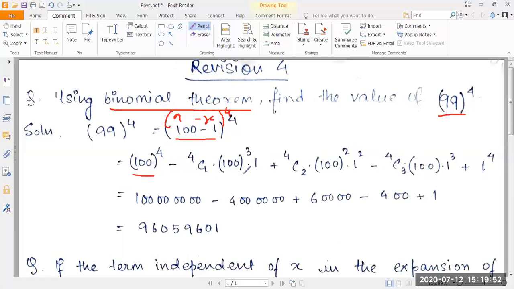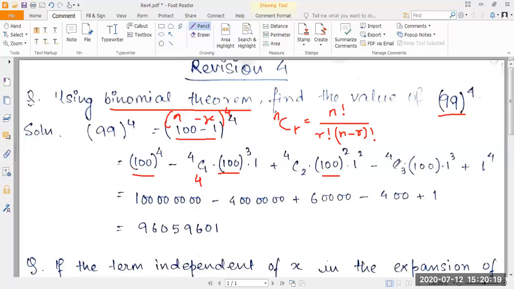Now, obviously, it is very easy to find 100 to the power 4, 100 cube and 100 square. So that's exactly what we'll do. And we need the values of the combinations. You can find them by using nCr equal to n factorial by r factorial into (n minus r) factorial. This expression we have discussed in our previous video. If you don't remember, you can always go back and check it out later.